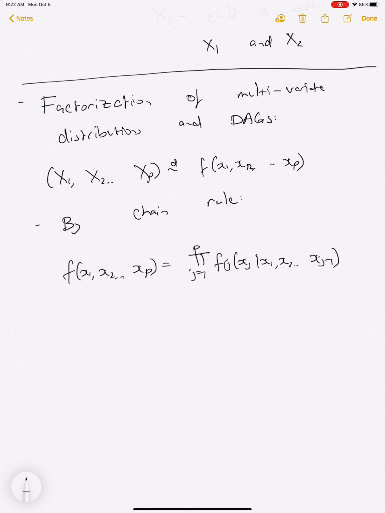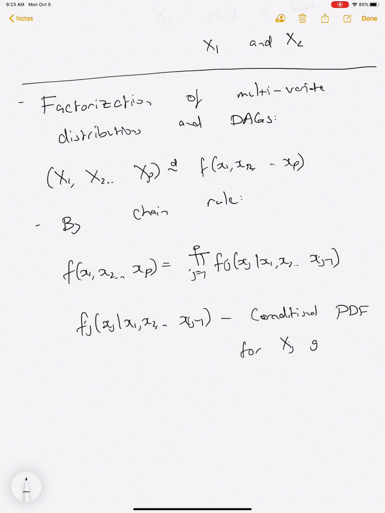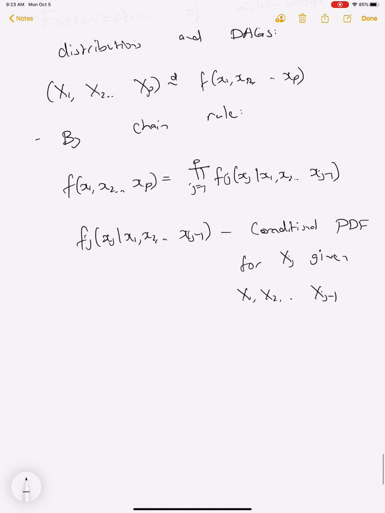So this is the conditional PDF for xj given x1, x2 up to xj minus 1.